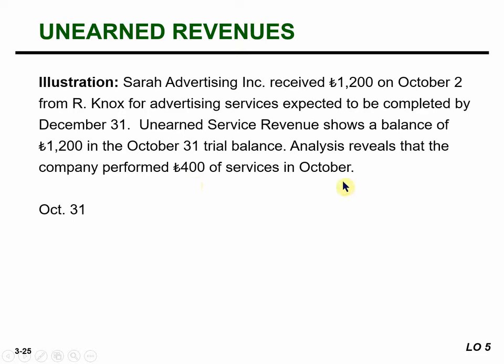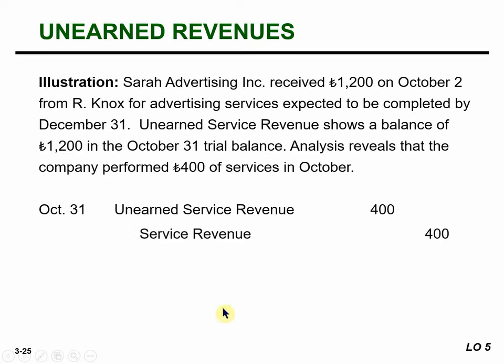So now the month of October deserves a revenue of 400 because we provided services for the customer by the amount of 400. So what should we do? Simply we will debit unearned service revenue by 400 and we will credit service revenue by 400.